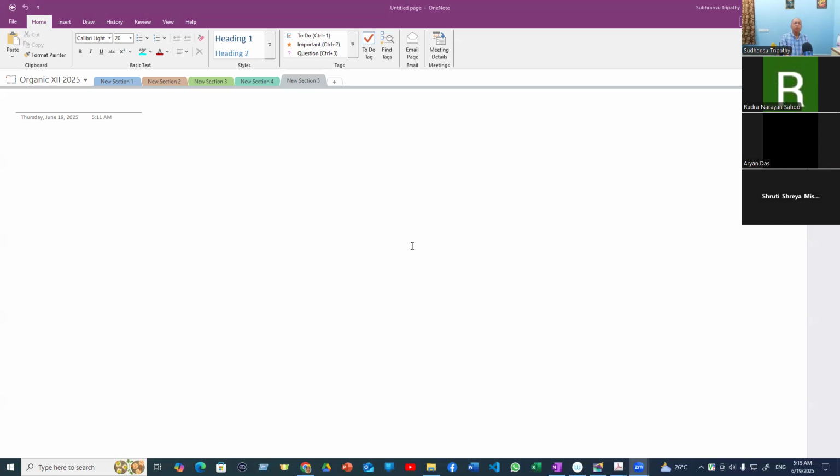You know, the breaking of the C-X bond is common to both elimination and substitution. Whether it is SN1, SN2 or E1, E2, the Cl minus, Br minus, I minus has to go.